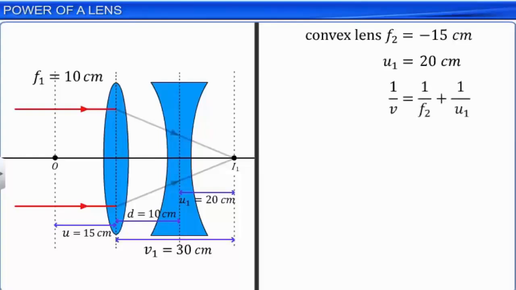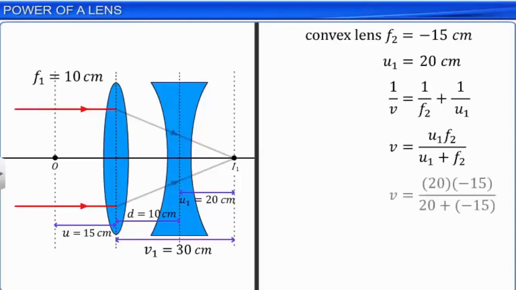The negative sign indicates that the final image is formed to the left of the concave lens at a distance of 60 centimeter. Note that the virtual object is in between F and 2F of the concave lens, and hence the rays are diverged to form an image to the left of it.